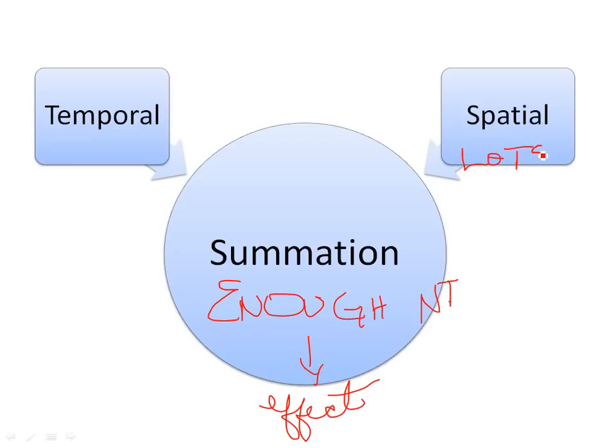If I dump a lot of neurotransmitter at once, one moment in time, lots of terminals at once, that's called spatial summation. If I dump neurotransmitter over a period of time, that's temporal summation. Either way, if I can accomplish spatial summation or temporal summation, I will hit threshold at the second neuron or successfully inhibit that second neuron.